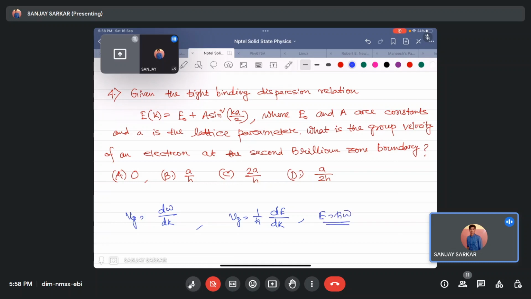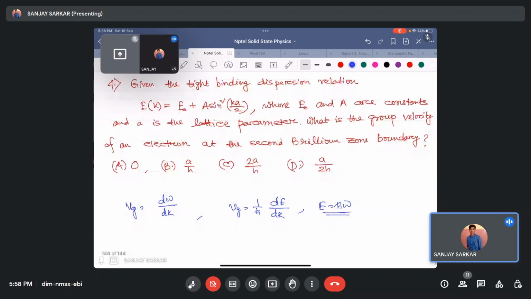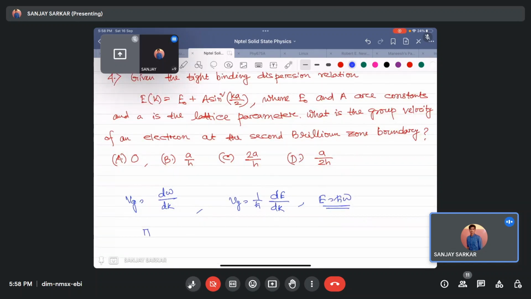From there you can calculate dE by dk, and then at the second Brillouin boundary. So first Brillouin boundary is at plus minus pi by a, so the second Brillouin boundary will be plus minus 2 pi by a. So at 2 pi by a you need to calculate what is Vg.